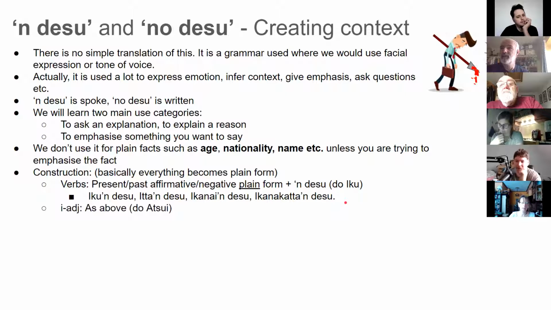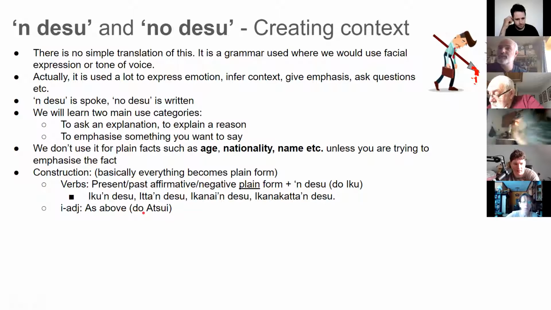Okay. All right so far, guys? Easy? Wouldn't say easy, but for i-adjectives, do exactly the same. So let's do atsui, for example. To say it is hot, Sophie? Atsuindes. Yeah, good. Piotr, to say it was hot. Atsukatandes. Good.